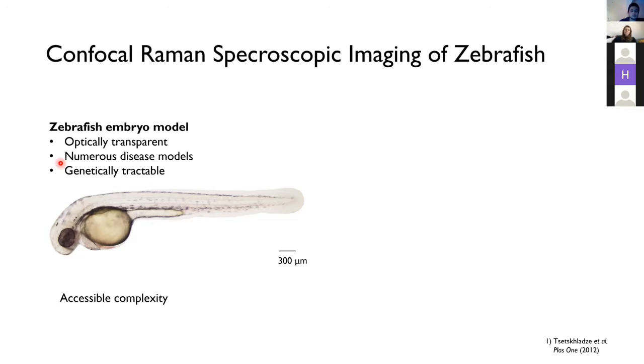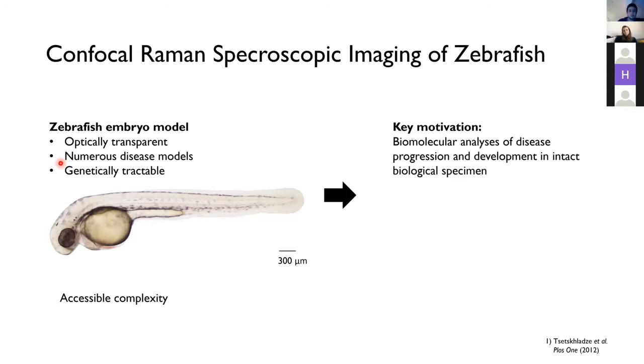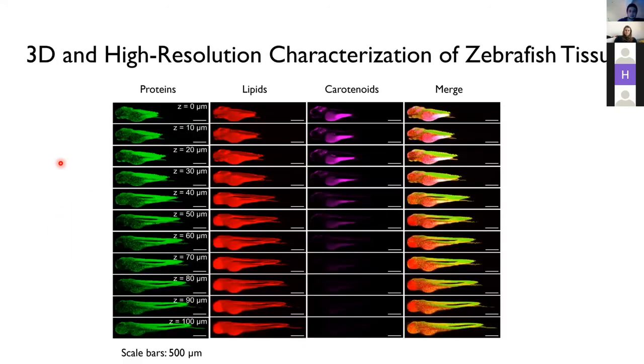And we actually started first by acquiring 3D images of whole zebrafish to basically see if this method could work. And what we observed was that we could obtain really high quality Raman spectra from most of the embryos, which you can see here is a stack covering 100 micrometers.